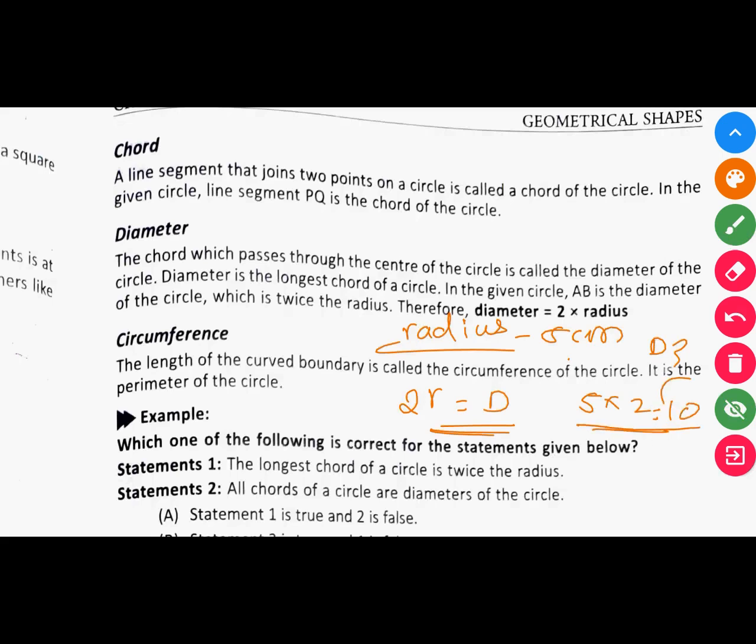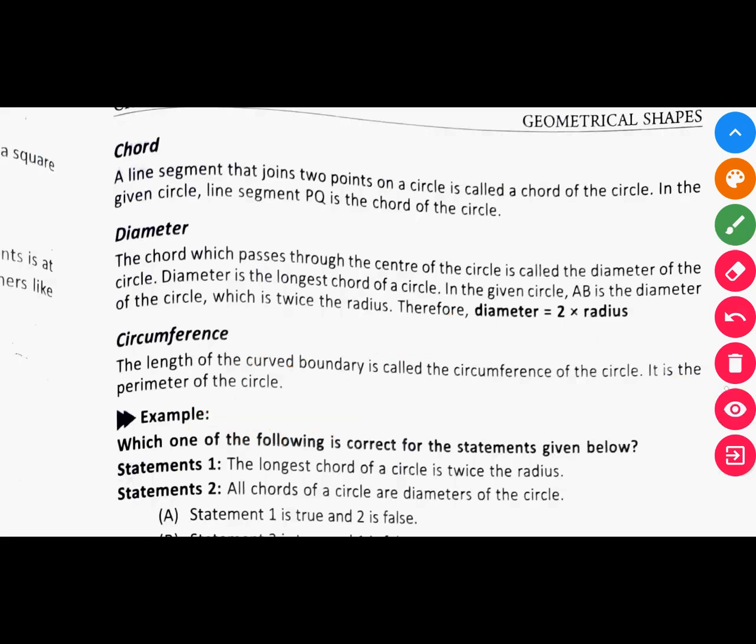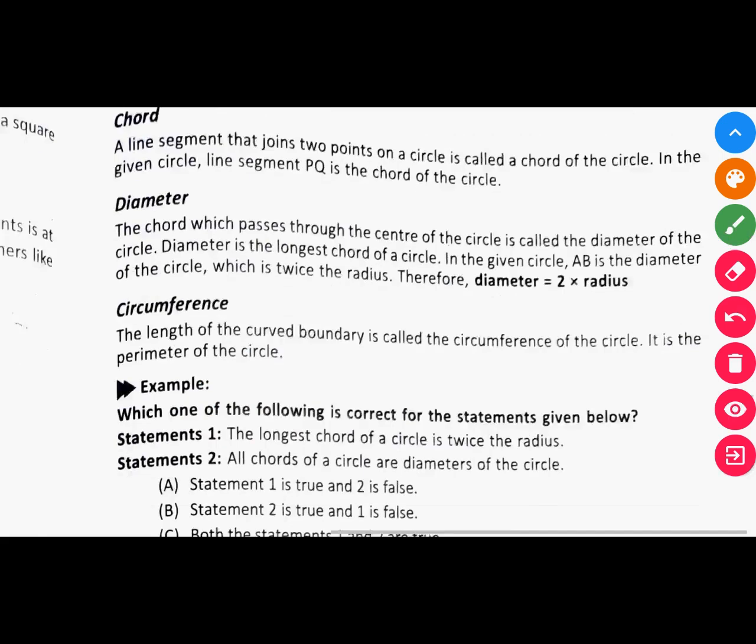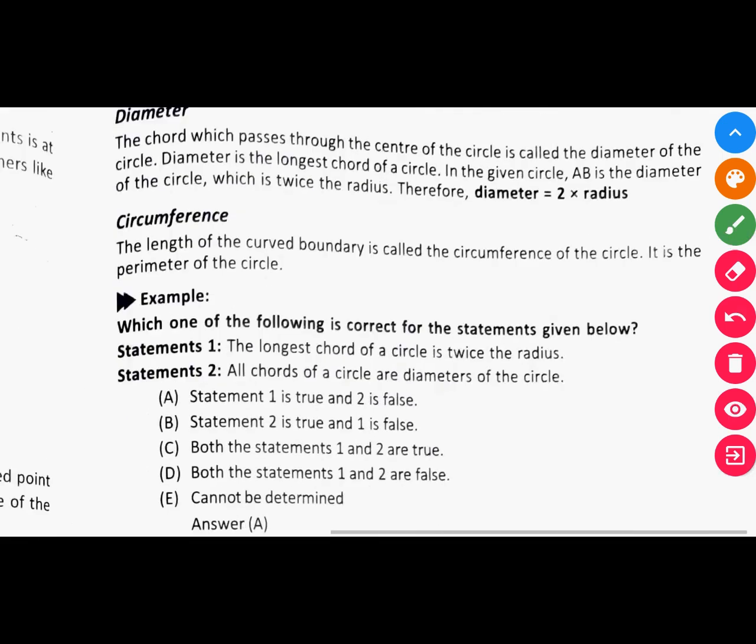So 10 is the diameter of the circle. If the diameter is given, say 20 centimeter is the diameter of the circle, and you have to find the radius, then you divide 20 by 2. So 20 divided by 2, 10 is your radius. Okay, so these are the definitions we learned just now.